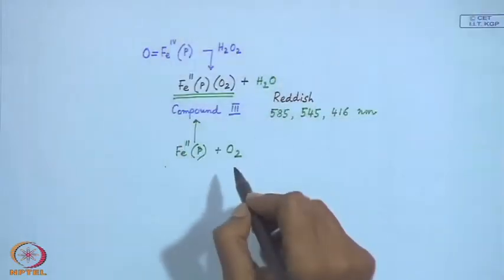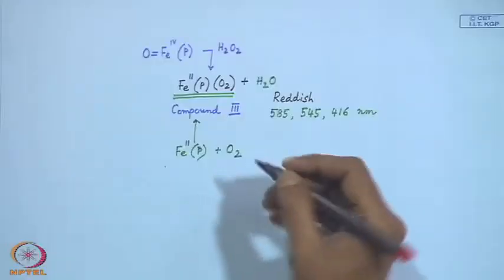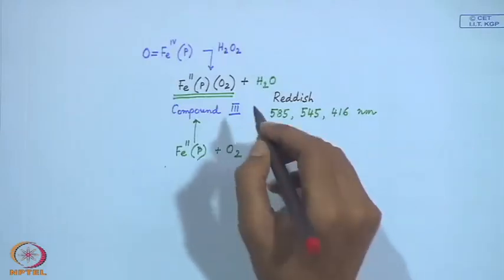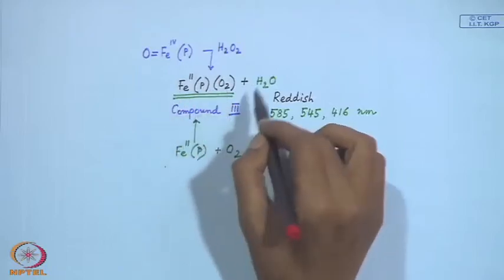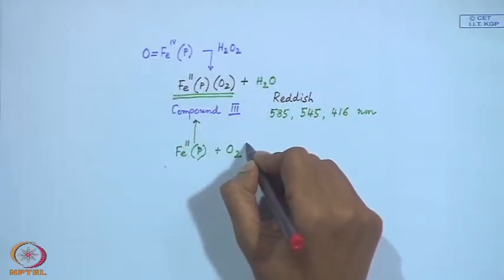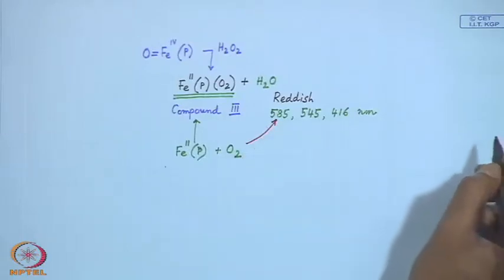because if you take a ferrous porphyrin and allow it to react with oxygen, depending upon the partial pressure and the medium, you can generate the corresponding oxyform, which can easily be characterized by knowing the corresponding lambda max values.